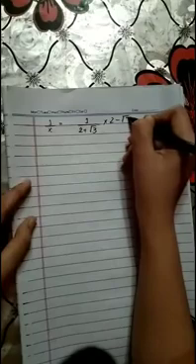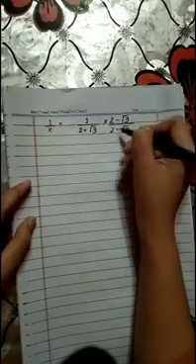For rationalization, we take the conjugate of the denominator and multiply and divide this term. Its conjugate will be 2 minus square root 3, as the conjugate is made by taking the opposite sign. So we have changed the sign and multiplied and divided with the whole term. Numerators will be multiplied with each other and denominators will be multiplied.